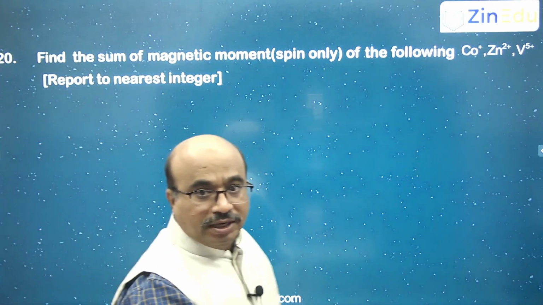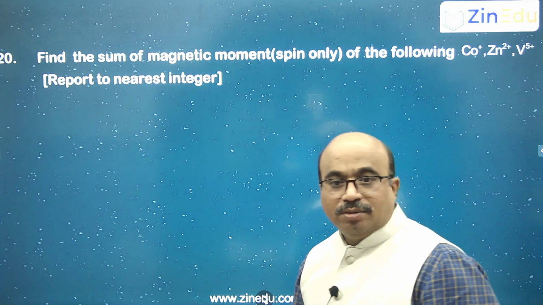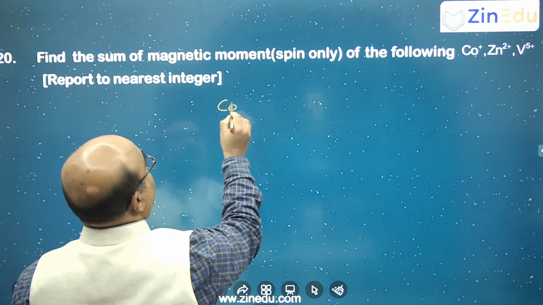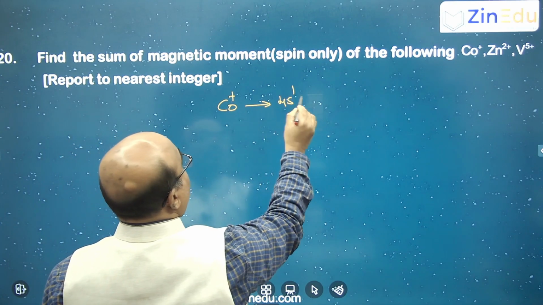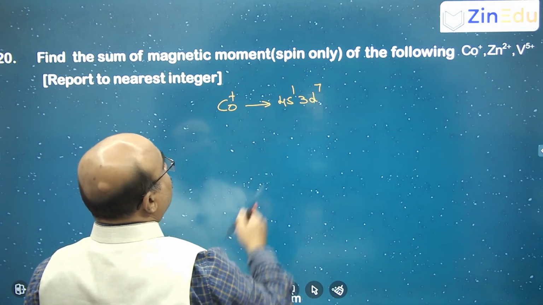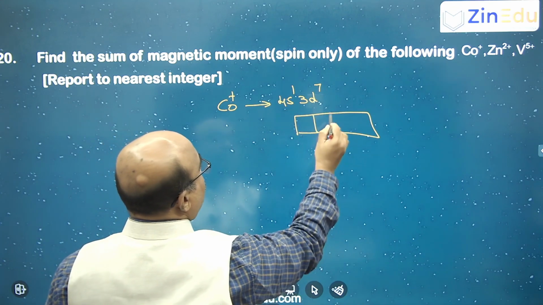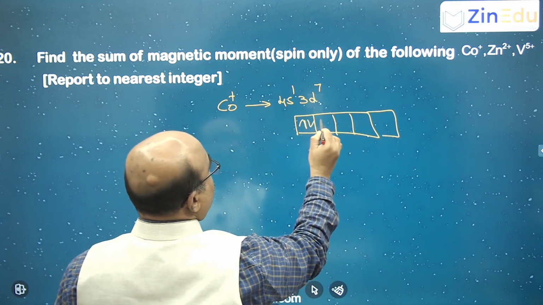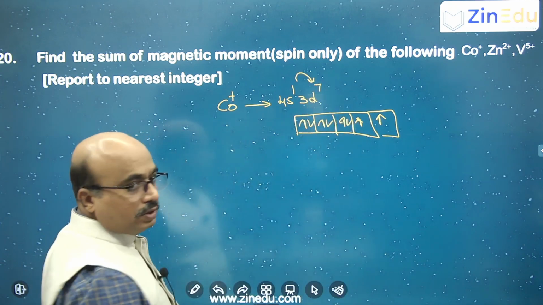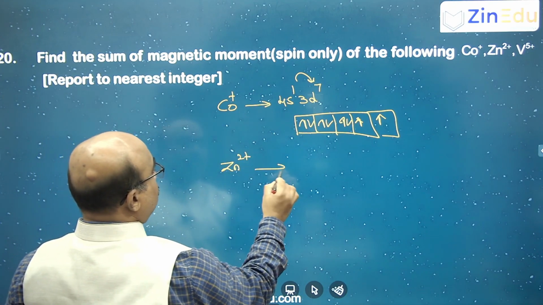Find the sum of magnetic moments, that is spin only moments, of cobalt plus, Zn2 plus, and vanadium plus 5. Cobalt plus is having 4s1 3d7. So the number of unpaired electrons, if you count here, this 4s electron you can take here and it is d8 type, so it will have 2 unpaired electrons. Zinc plus 2 is 3d10.